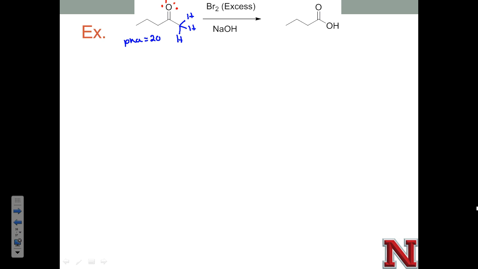So I'm going to show that. And what I'm going to show is, well, first, let me just side note. If we deprotonate this, we're going to form this carbanion.